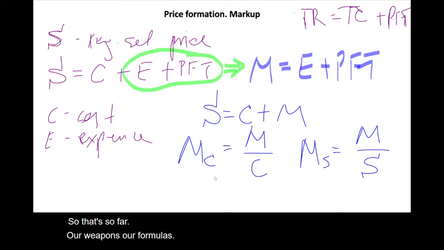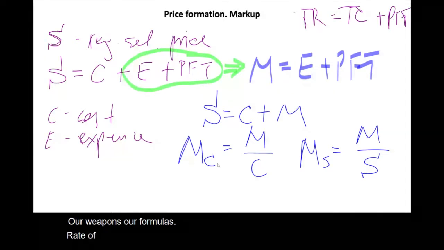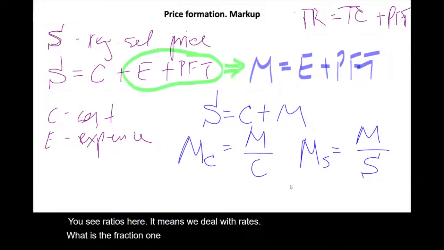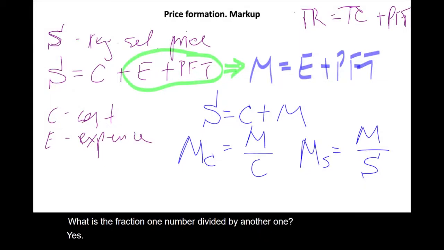What do we use the rate of markup based on cost for? You see fractions here, it means we deal with rates, one number divided by another one. And the other one would be rate of markup based on price. Any other questions?